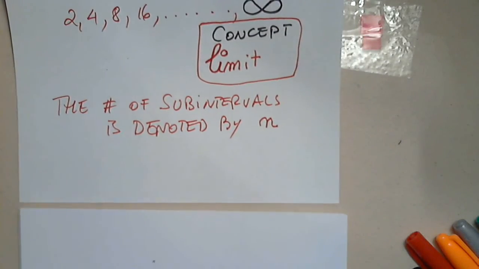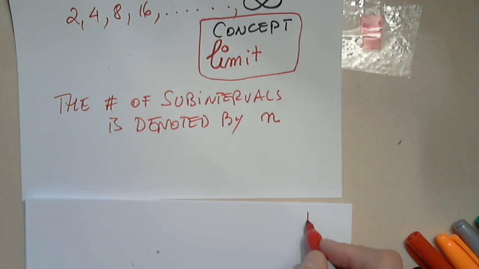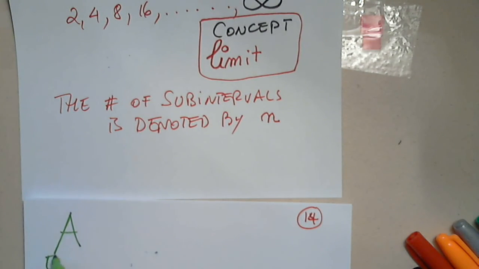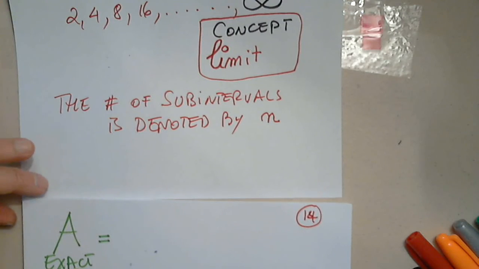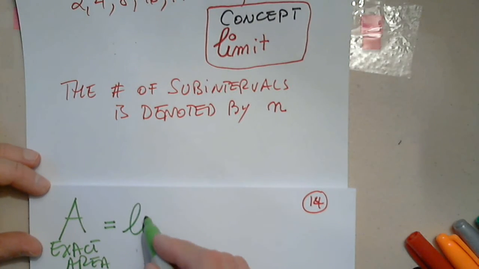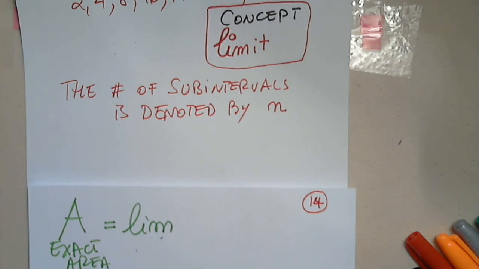So then the exact area will be definitely a limit, definitely when n, as we established, approaches infinity.